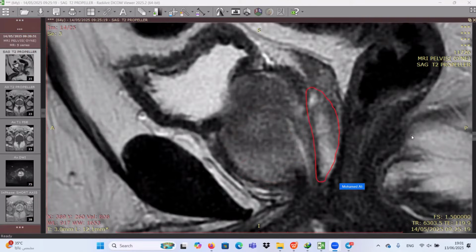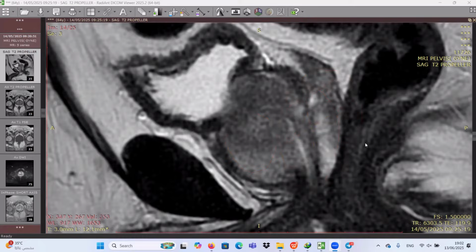The main bulk of the peripheral zone is present at the mid level and the apical level, and the smaller part of the peripheral zone is present at the basal level. So it is the reverse of the transition zone. The transition zone has its main bulk at the basal and mid levels, while the main bulk of the peripheral zone is at the mid level and the apical level.